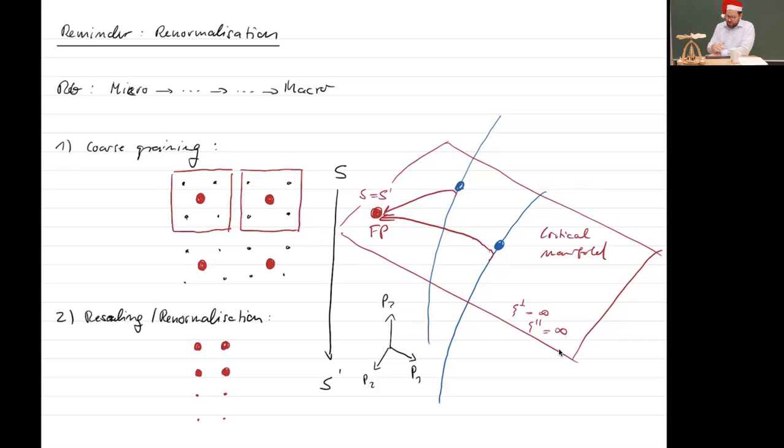That means on the macroscopic level, both models are described by the same theory, by the same action. And that's called universality: different systems that differ on the microscopic scale show the same macroscopic behavior.